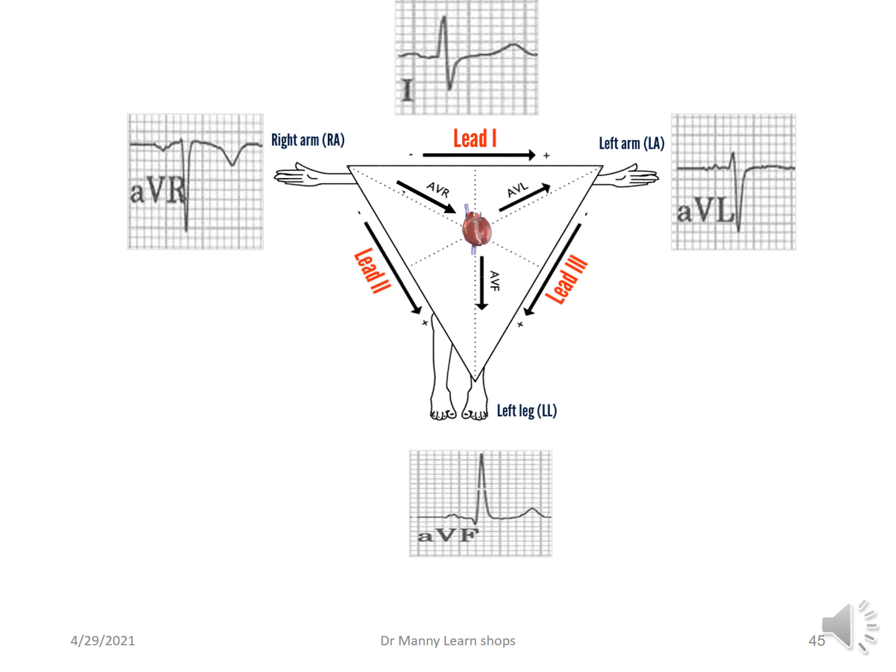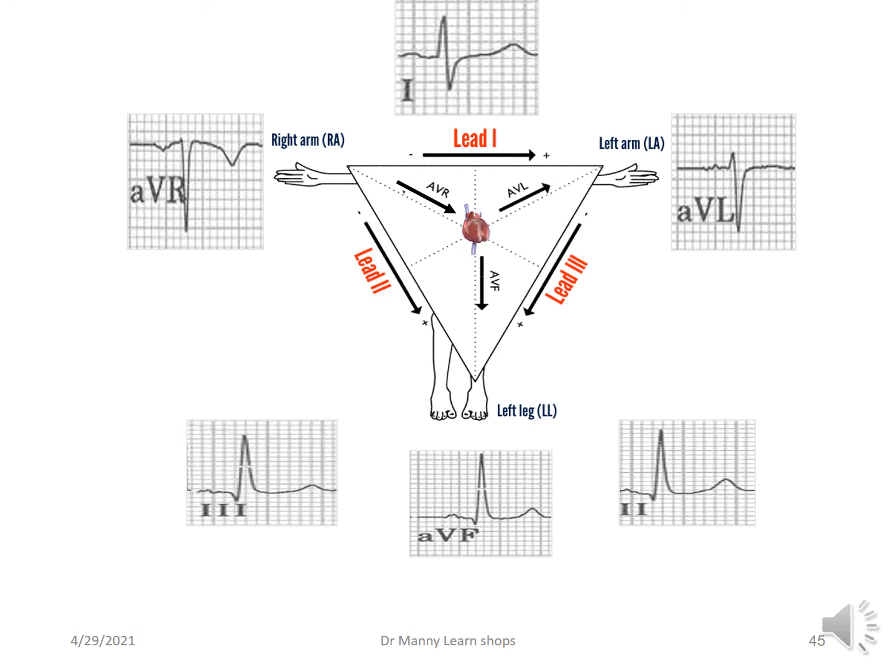Combining the left arm and left leg electrode creates lead 2, another bipolar lead, which is primarily positive because it's heading towards the left side of the heart under normal circumstances. Then you've got the right arm electrode and left leg electrode, which creates lead 3. And lead 3 is a biphasic electrode. It's not typically that positive, but it can be.